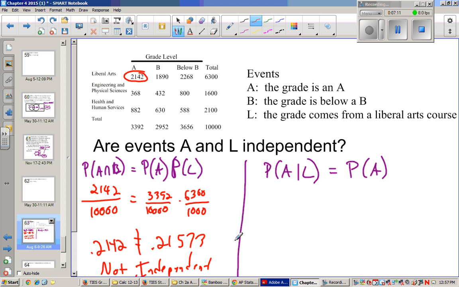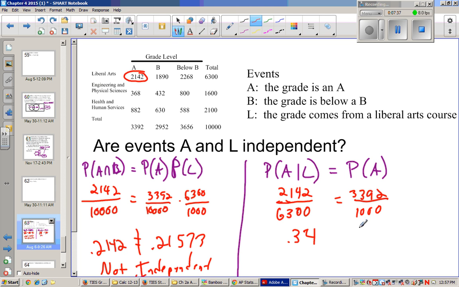Now there's another method over here. We know the probability of A already. Now we just need to find the probability of A given L. So given that it's a liberal arts course, 6,300, what's the probability it is A? 2142. So 2142 out of 6,300, that's 0.34.